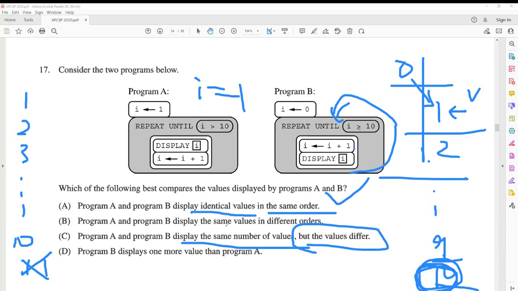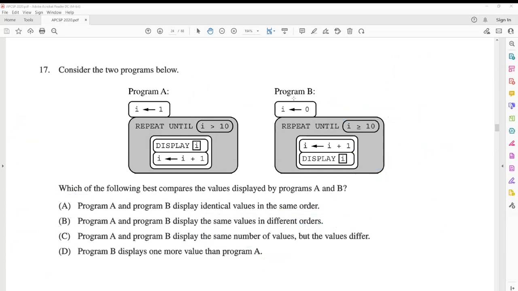B, display the same values in different order, no. C, display the same number of values, no. D, display more than one, no. So actually the answer is A for 17. Is that okay? Any question? This is a little bit different from some problems we had before. Any question on this one?